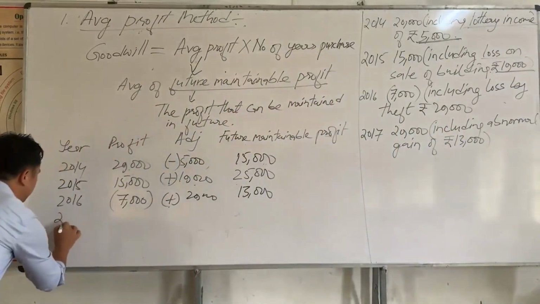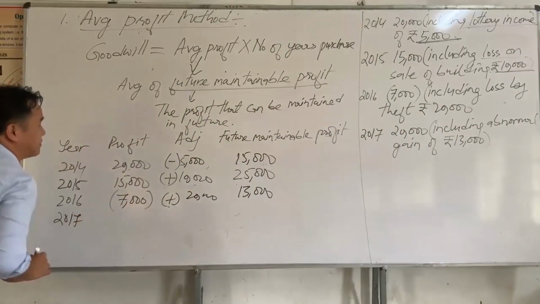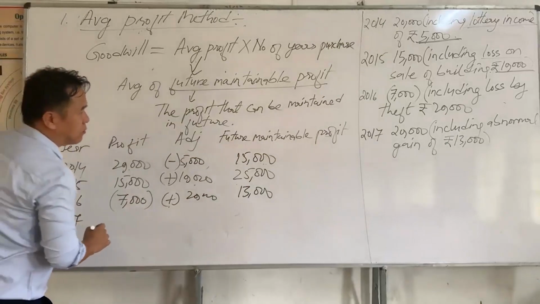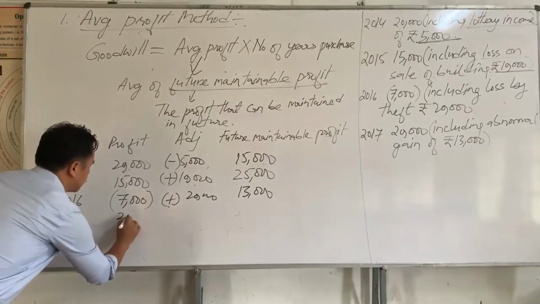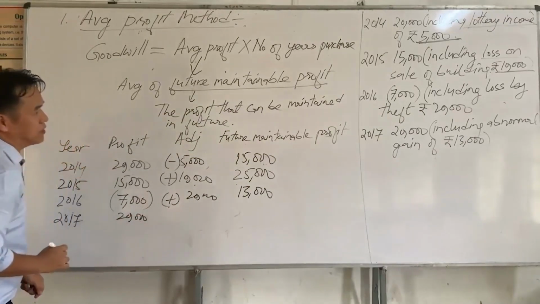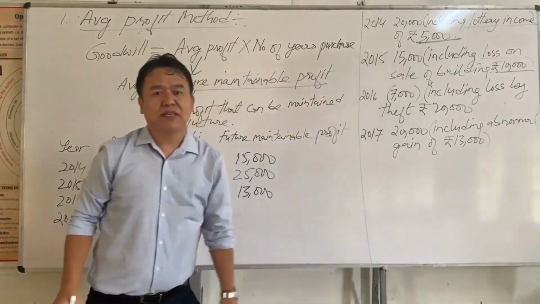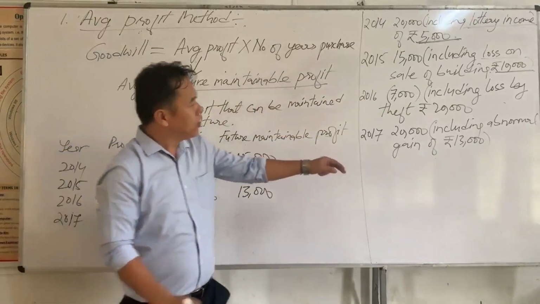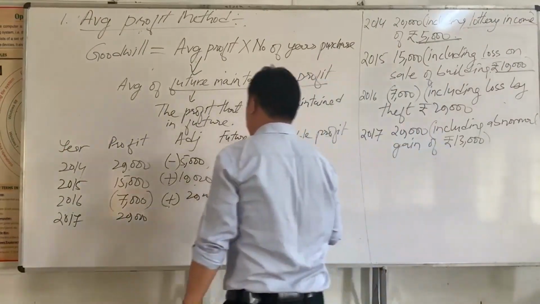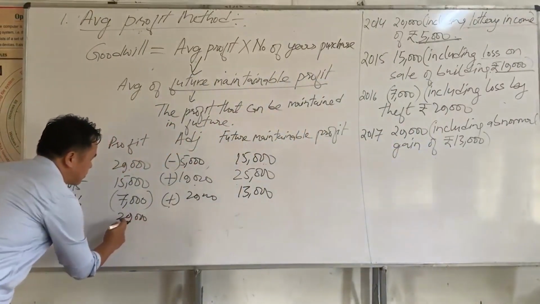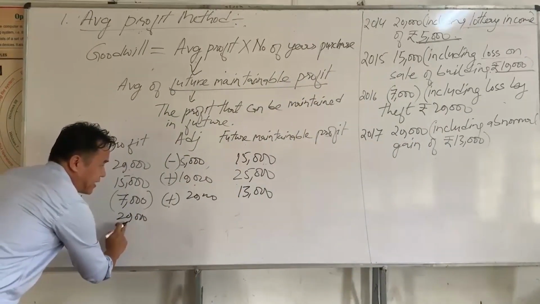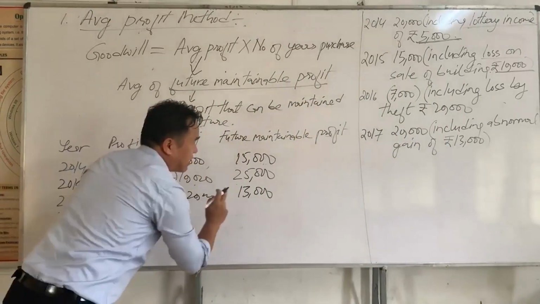In the year 2017, the profit of the firm was rupees 20,000, which includes abnormal gain of rupees 13,000. Like I said before, all the abnormal gain should be deducted from the profit of that year in order to get future maintainable profit.